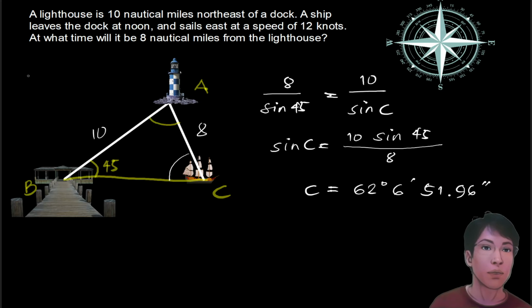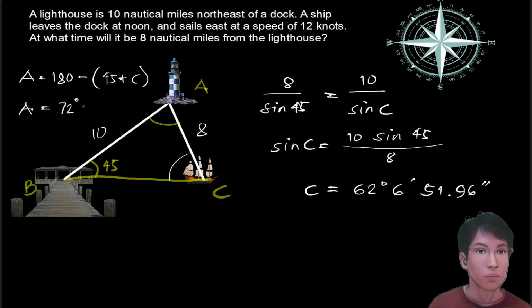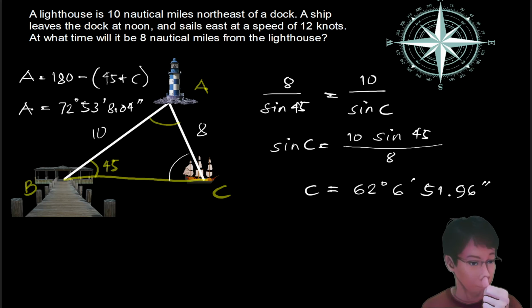Now solving for this distance, but before we can solve this distance, we will get this angle A here. So angle A is simply 180 minus the sum of angle B, which is 45, plus angle C. And A gives us 72 degrees, 53 minutes, and 8.04 seconds.